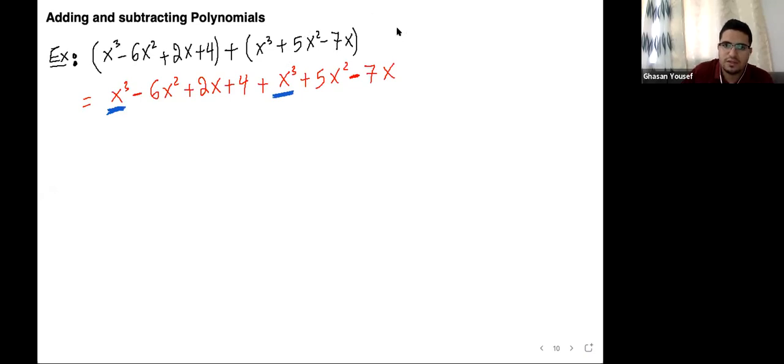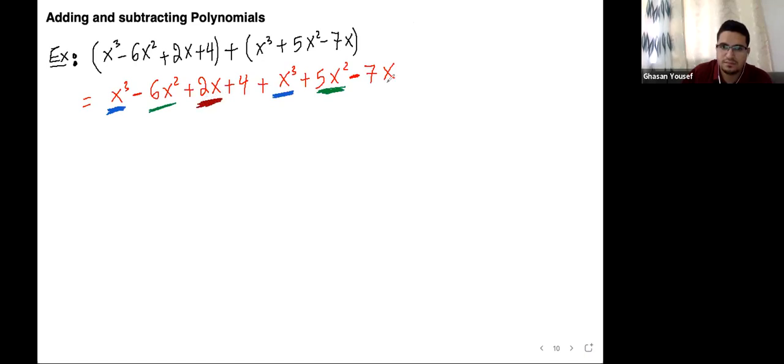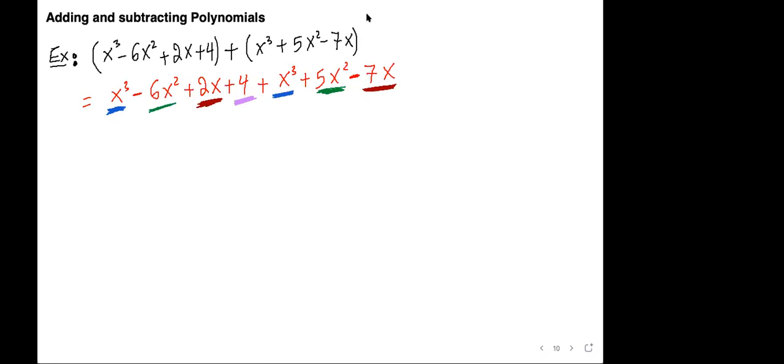We also have here minus 6x squared, and here we have plus 5x squared. Also we have 2x, and here we have minus 7x. And the last one is 4. The 4 is alone, it does not have any other terms. Itself, it's a constant.